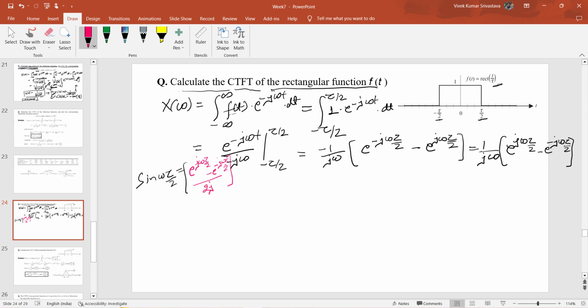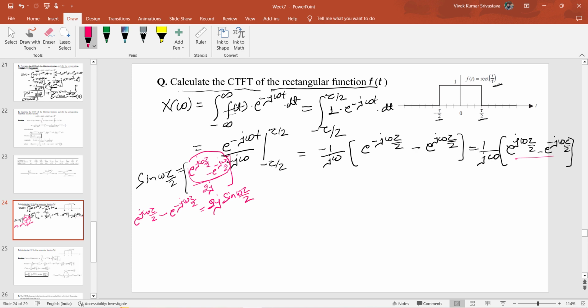So you can replace this term from here as e raised to the power j omega tau by 2 minus e raised to the power minus j omega tau by 2 is equal to 2j sine of omega tau by 2.